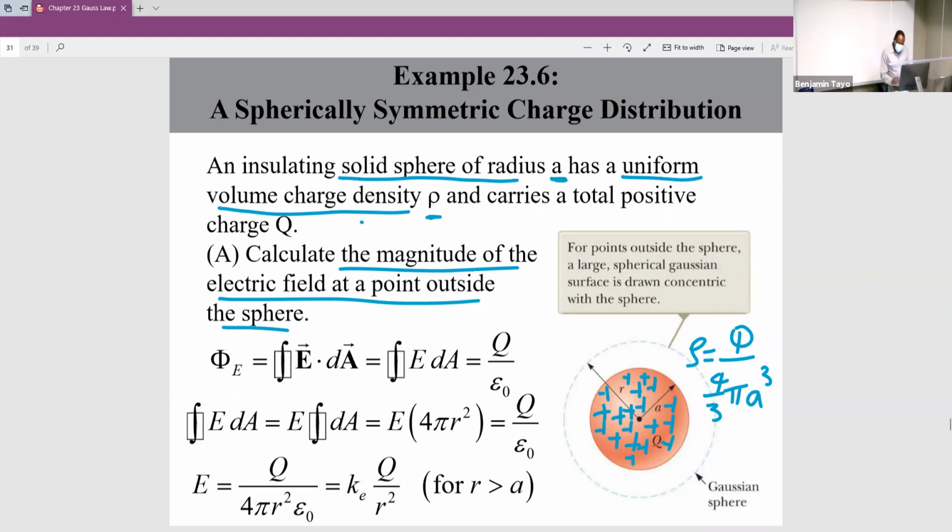Now, because I want to calculate the electric field at the point that is outside, I can use this as my surface. And I simply look at all the electric flux that is coming out of this.